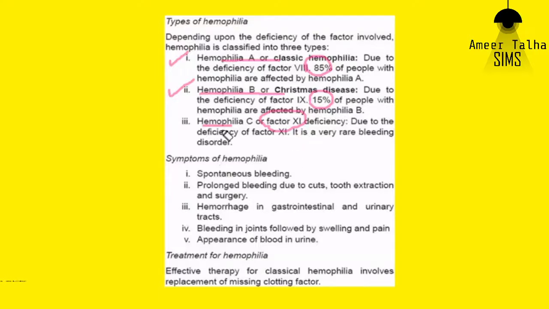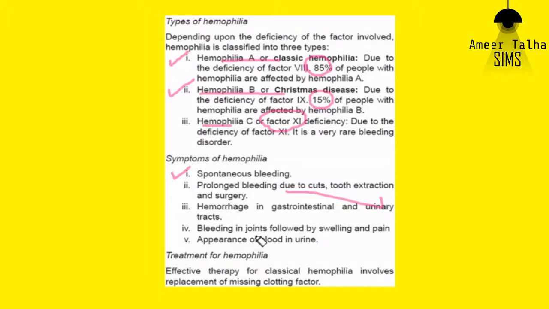So what are the symptoms in each case? Symptoms are the same, whether there is hemophilia A or B or C. Spontaneous bleeding may occur, prolonged bleeding due to minor cuts, as you have mentioned, and minor surgery or tooth extraction may lead to serious bleeding, bleeding from the gastrointestinal tract, bleeding inside the joints followed by pain.